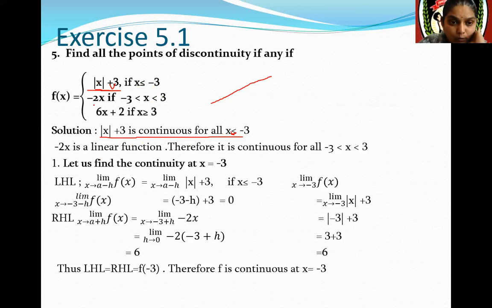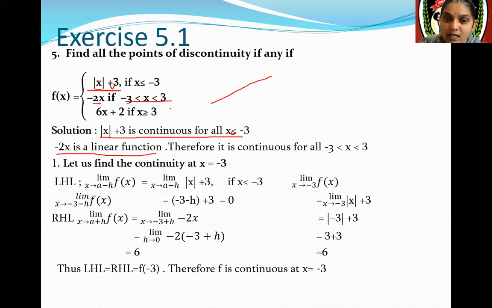Then we have minus 2x if x is lying between minus 3 and 3. Minus 2x is a linear polynomial. We know every linear function is continuous because every polynomial is continuous. A linear function is a polynomial of degree 1, so minus 2x is a linear function. Since every polynomial function is continuous, minus 2x is continuous in its domain. What is the domain for this?